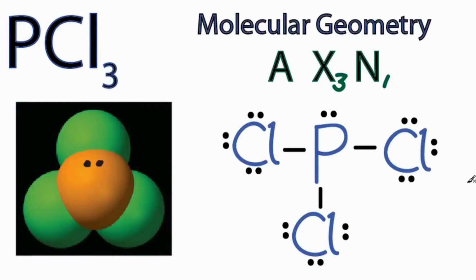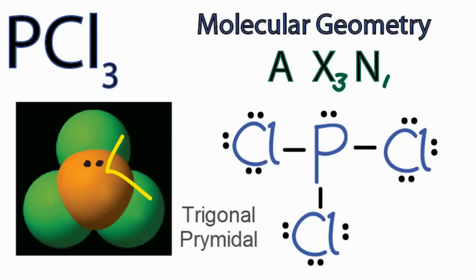And the angle that we're talking about is right here, and it actually turns out to be, when we look at experimental data, 100 degrees, not that 109.5. So the AXN notation gives us a good idea about the bond angles and a very good idea about the shape of the molecule. So PCl3 has the molecular geometry of trigonal pyramidal.